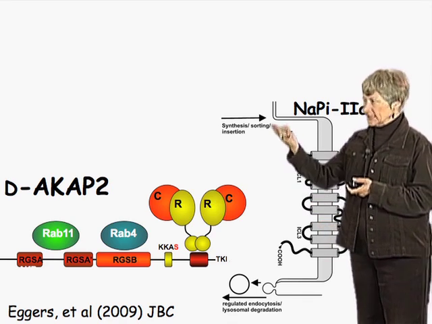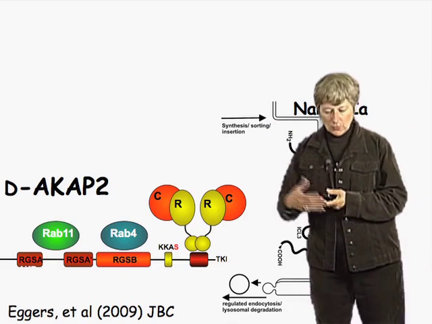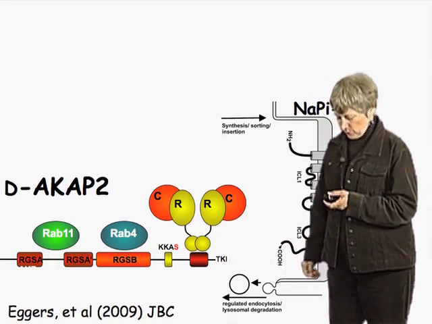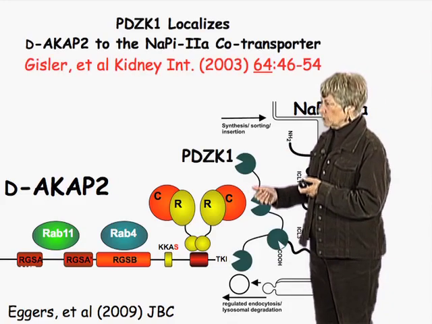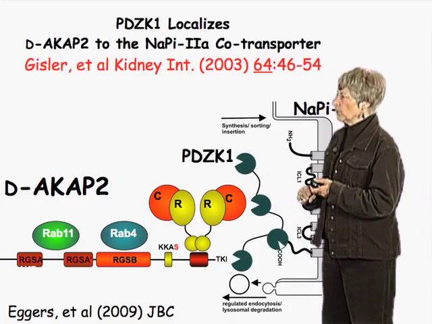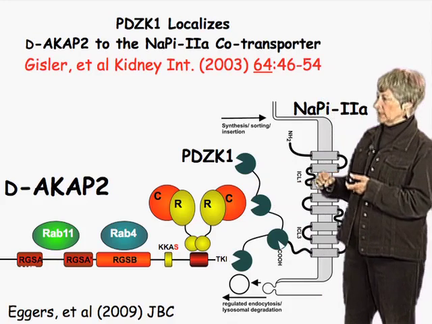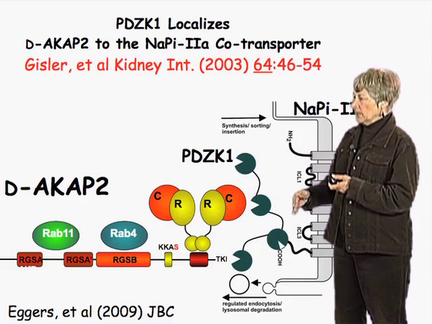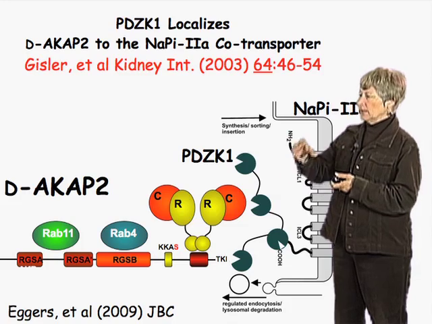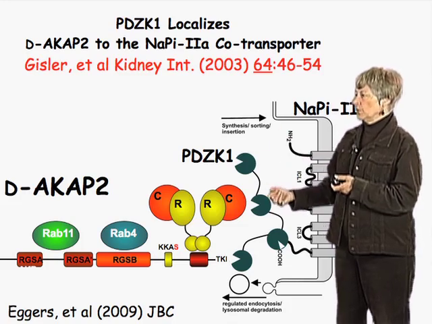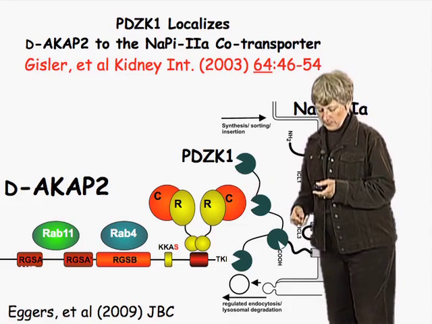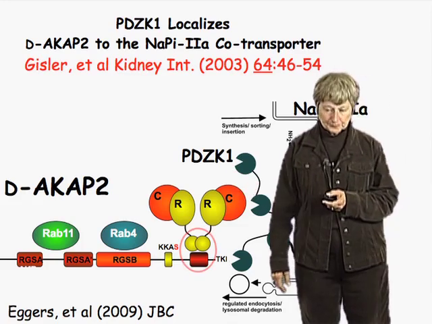This is in kidney proximal tubules: when you don't want phosphate to be taken up, you internalize the transporter. DAKAP2 is linked to the transporter through a PDZ domain protein, and these PDZ domains are little binding modules that link the AKAP to the cotransporter, and PKA through the AKAP.